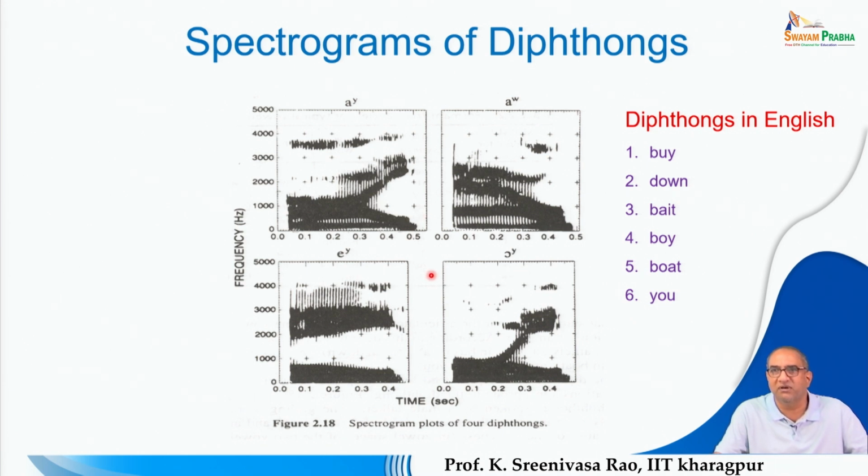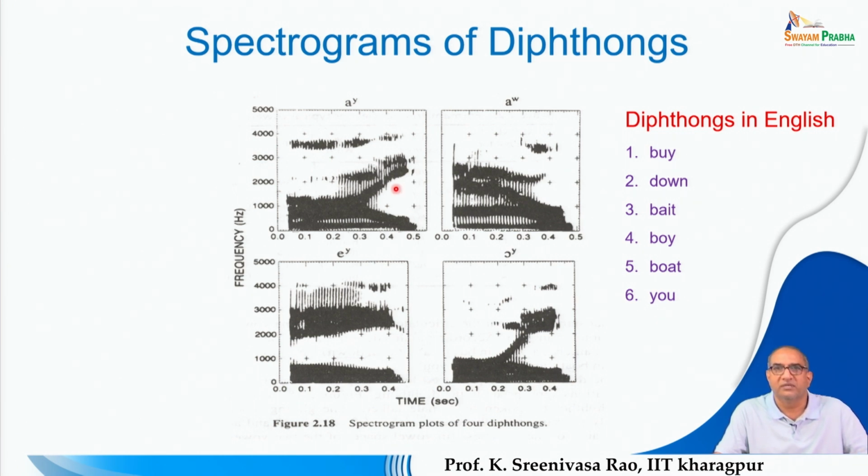As I mentioned already, there are 6 diphthongs observed in English, whereas in our Indian languages we do not observe these 6 diphthongs. In our Indian context we observe mostly only 2 diphthongs, I and ow. Because of the lack of other diphthongs, we cannot pronounce them as clearly as native English speakers.